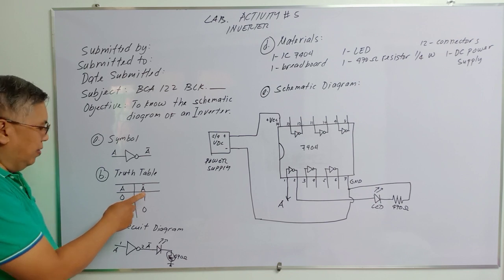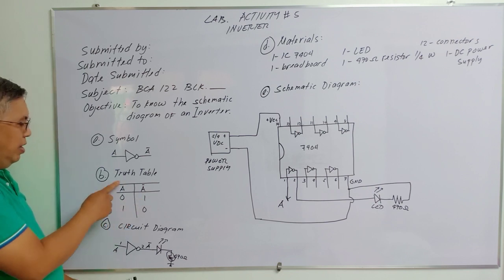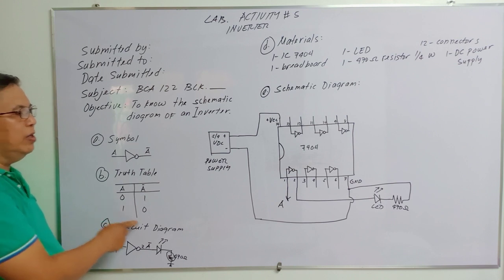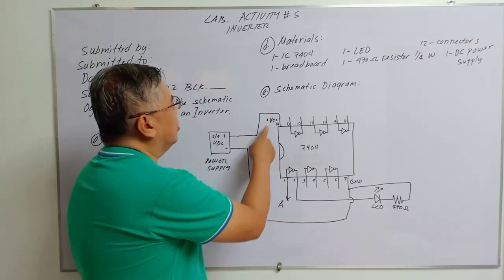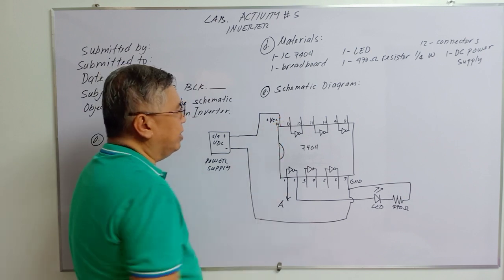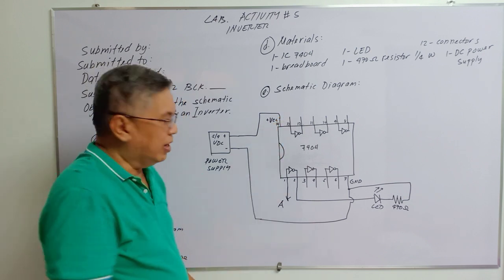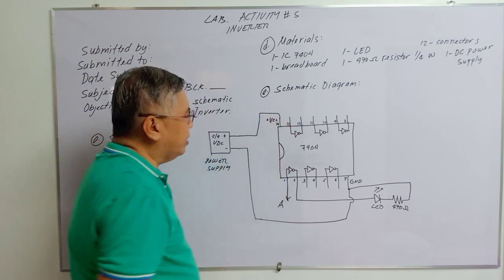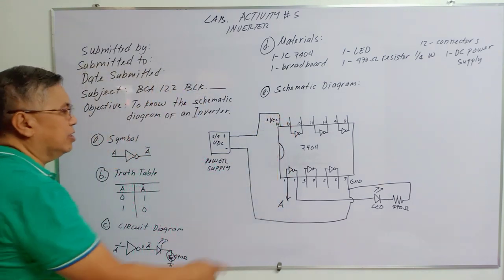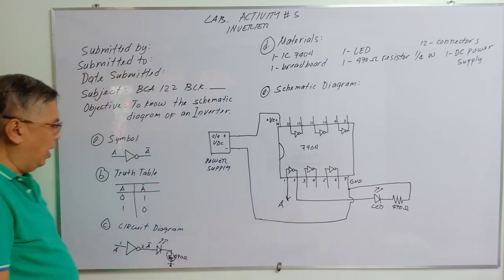Okay? Now, for the second condition, if A is 1, that means this A here should be connected to your VCC, or pin number 14. It's just a wire, you connect it to pin number 14, then that means your A input is 1.